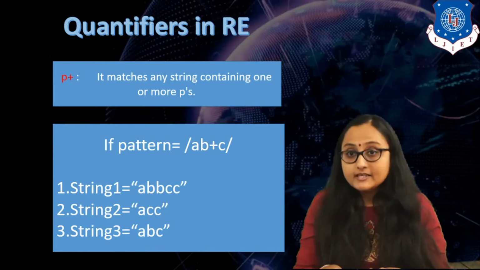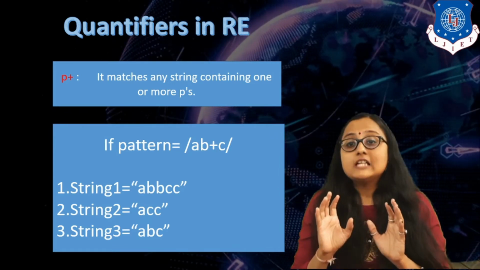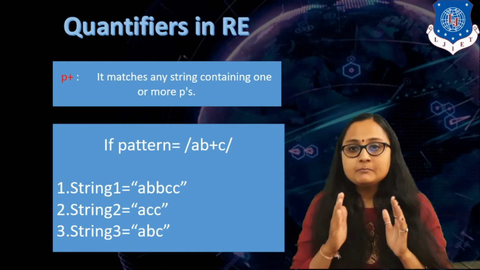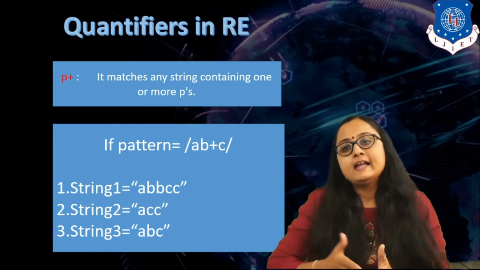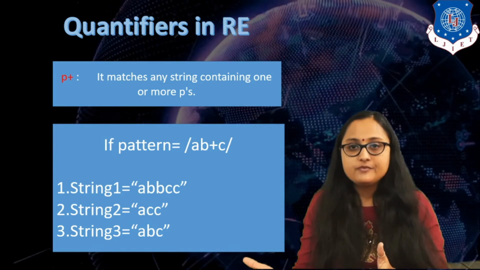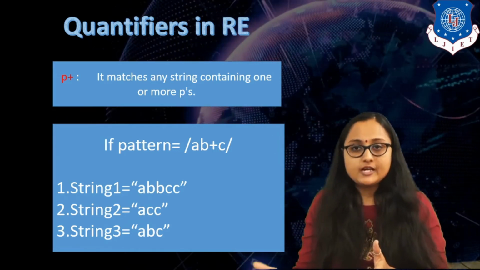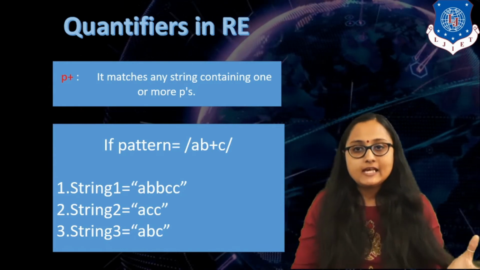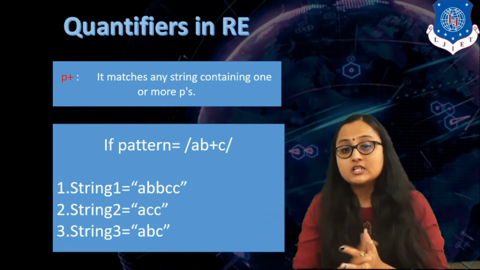In between them there should be b repeated a minimum of one time, and the maximum is not specified for this plus quantifier. So one or more b should be repeated between a and c. That is what this pattern indicates.